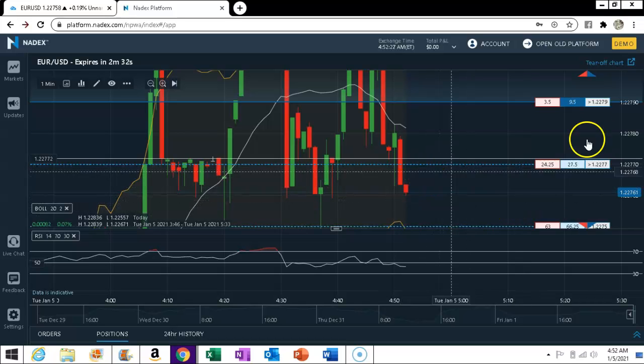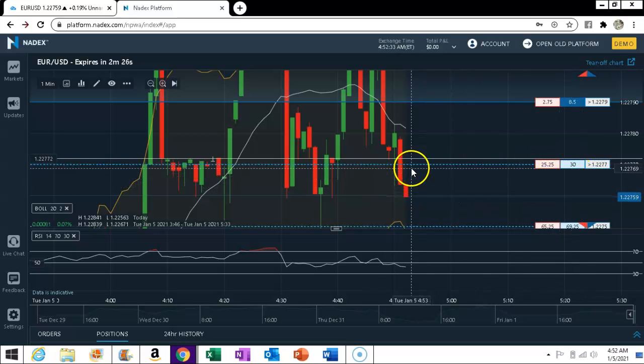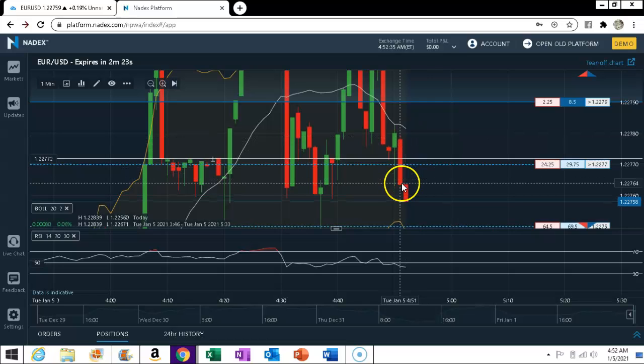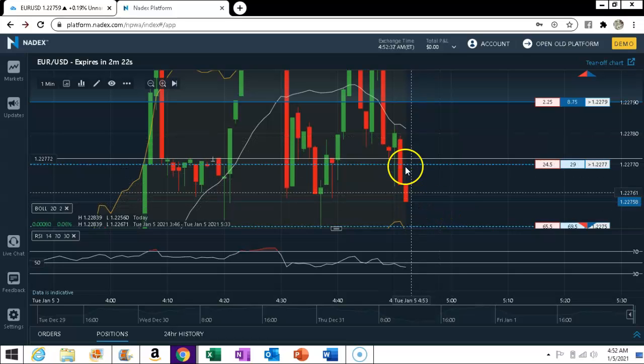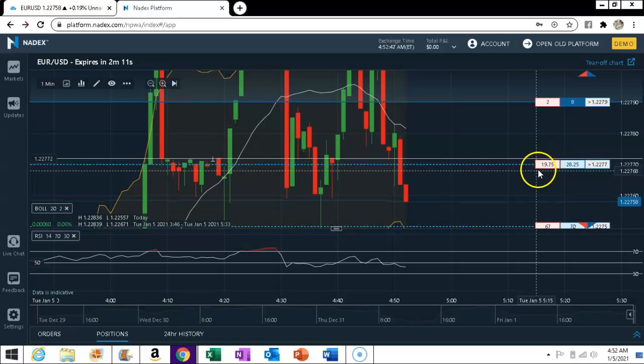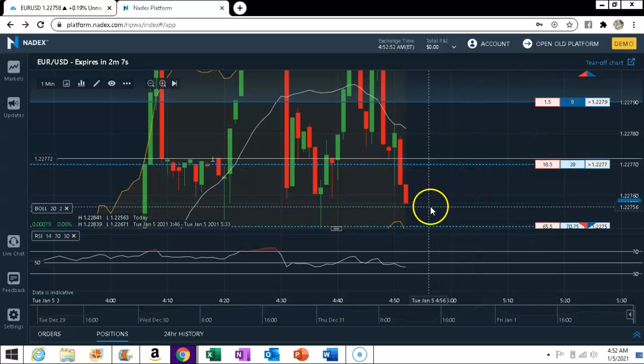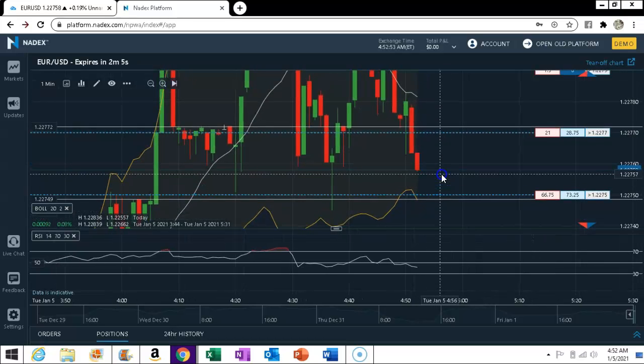I did not focus on the price. I should have, but I took an at the money trade stating that this candle right here would close below this strike price. And apparently it was at maybe 50 something or 40 something at the time for me to make the $20 profit.